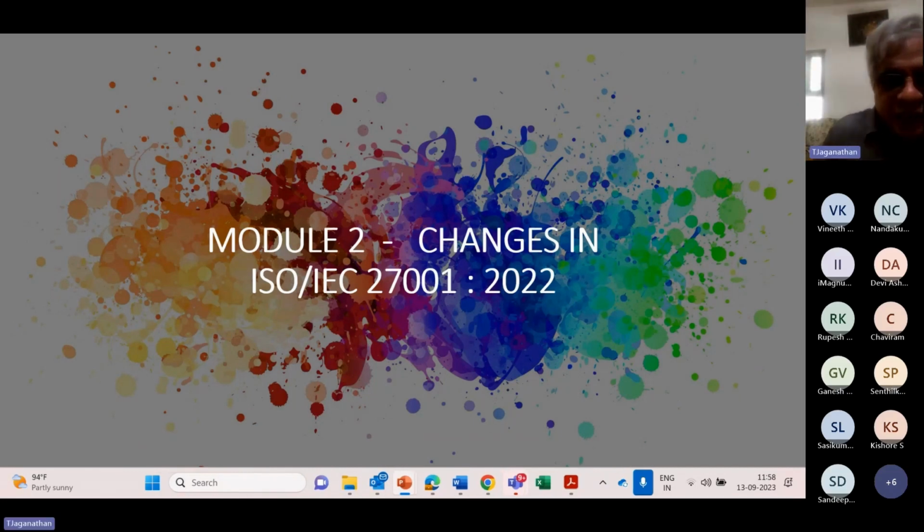They have changed, and we had a detailed look into that, a little bit of research into that. All the changes they have made in 2022 compared to 2013 are very, very relevant. In fact, when we go through the annexure controls, I'll explain to you. I was expecting that some more changes could have been done.